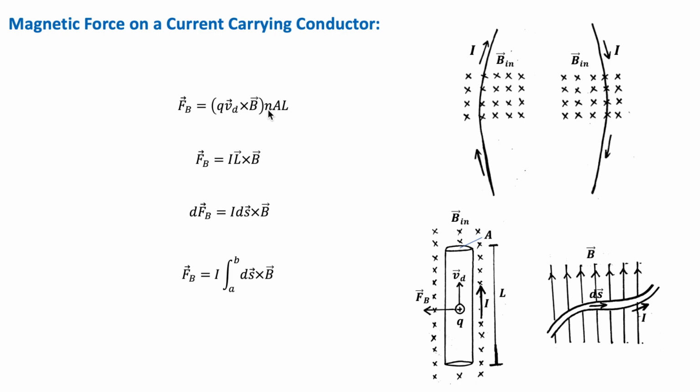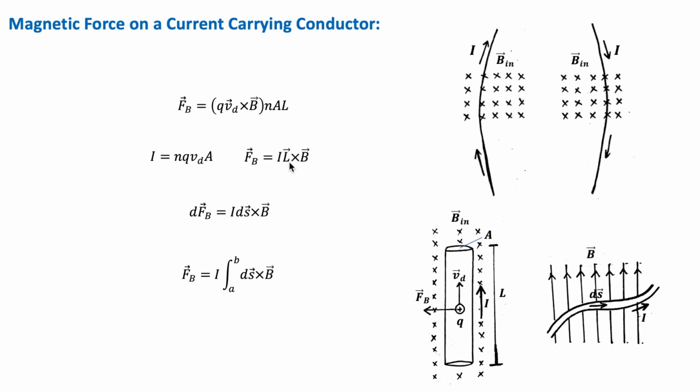So the total magnetic force on the wire of length L, F_B, is equal to q v_d cross B times nAL. Since the current is given by n q v_d A, we may write F_B equal to I L cross B.